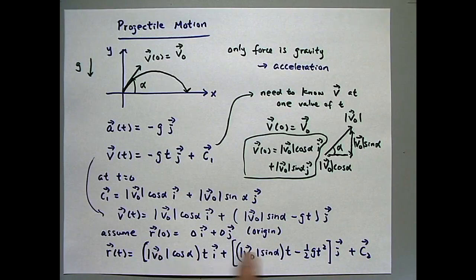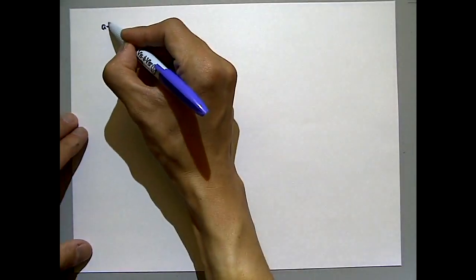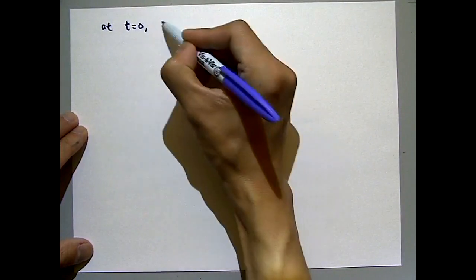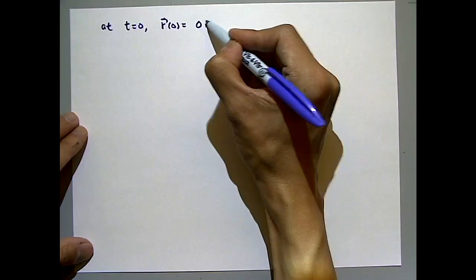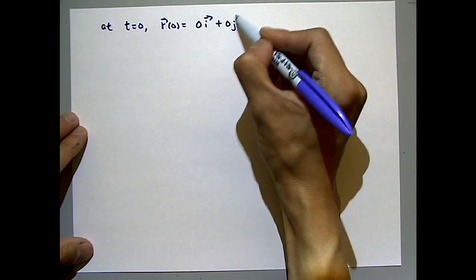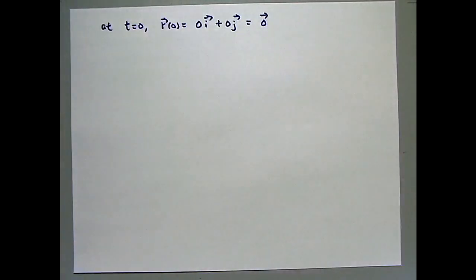And then we use the fact that we assume that initially we are at the origin to find the vector C2. By the way, this is the zero vector. If you see a zero with an arrow over that, that's a vector. A zero vector is zeroing every single component.